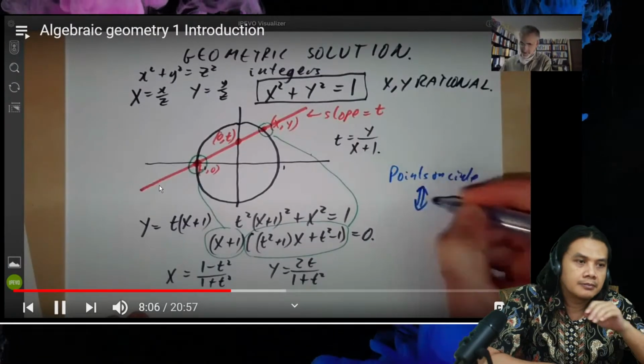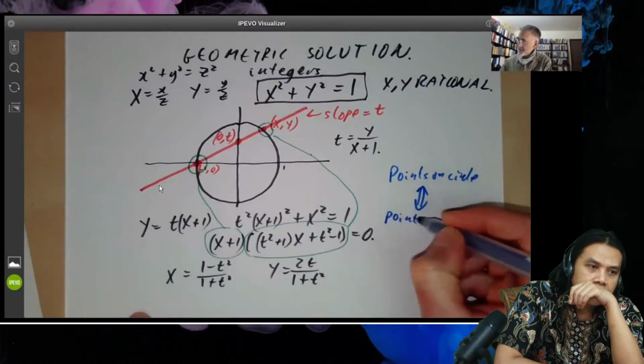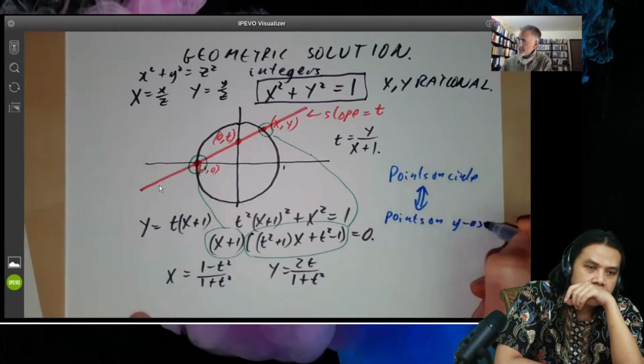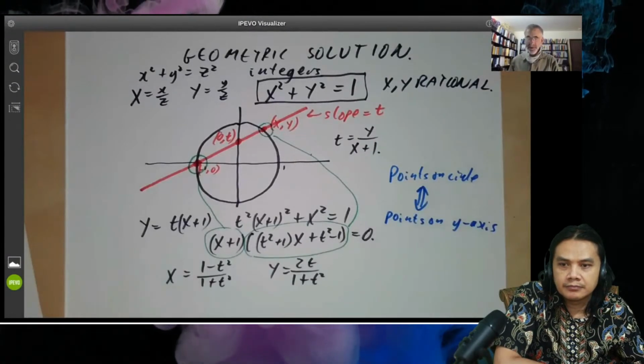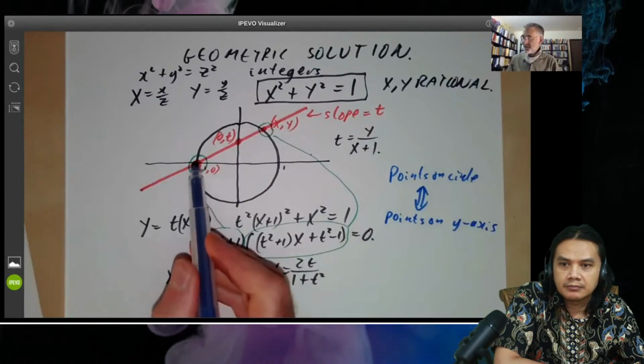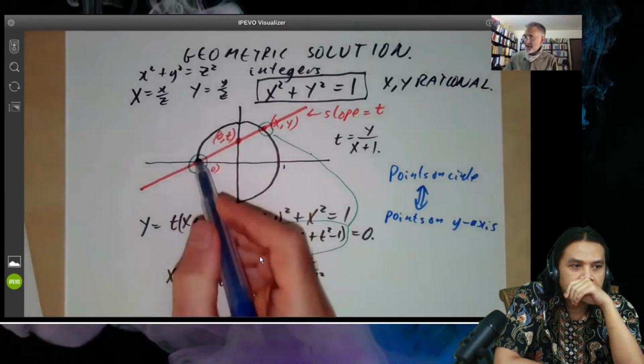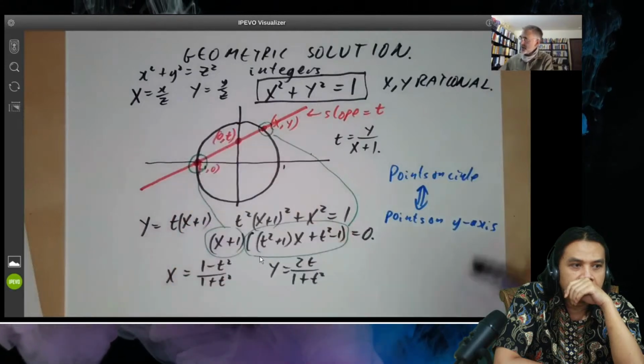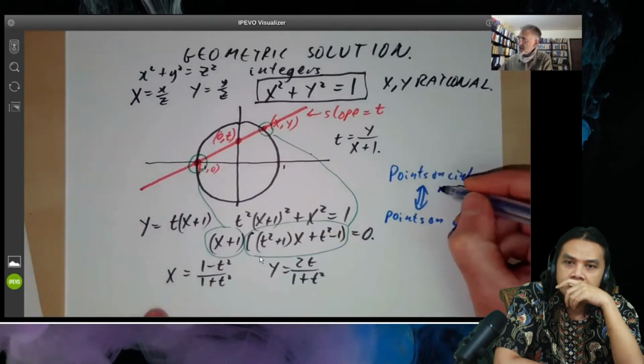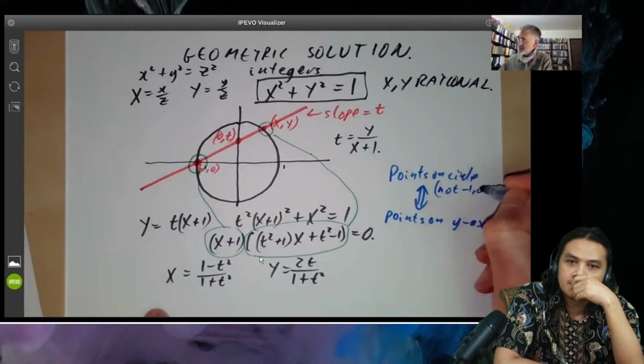They almost correspond to points on the y-axis. Well, they don't quite correspond because there's one slight problem. If we chose this point here, then we would be trying to find the intersection of a vertical line with the y-axis, which doesn't really work. So this is the points on the circle which are not the point -1, 0.